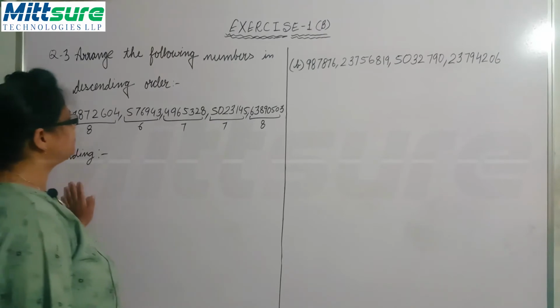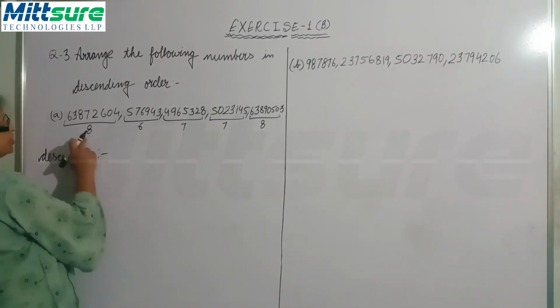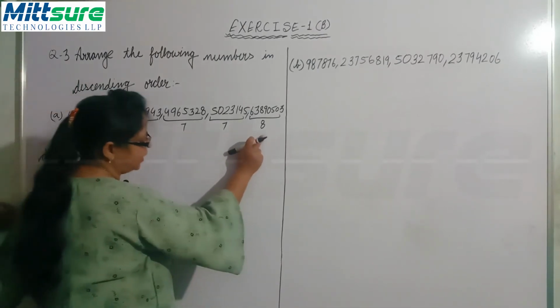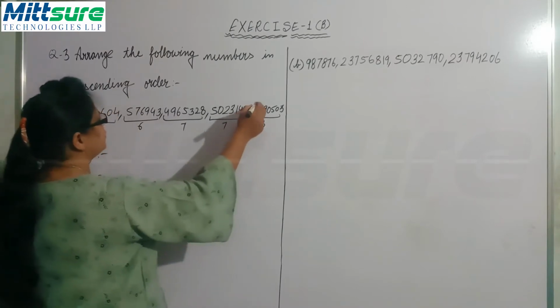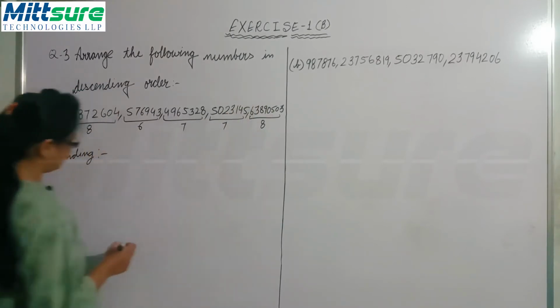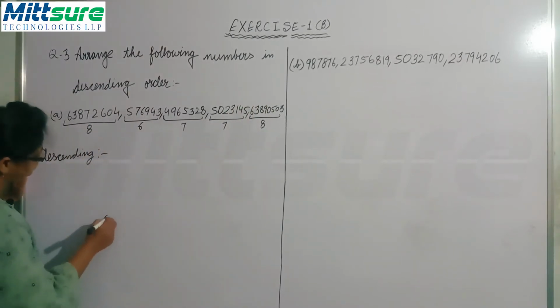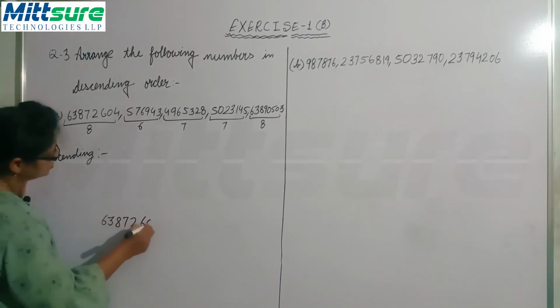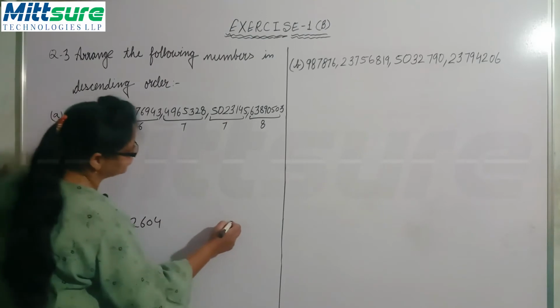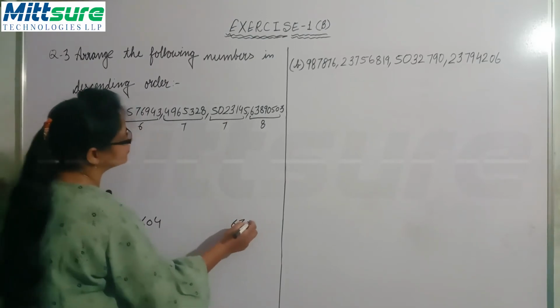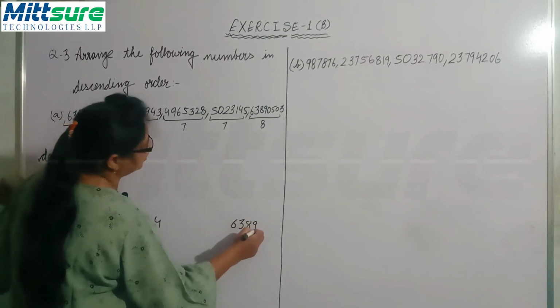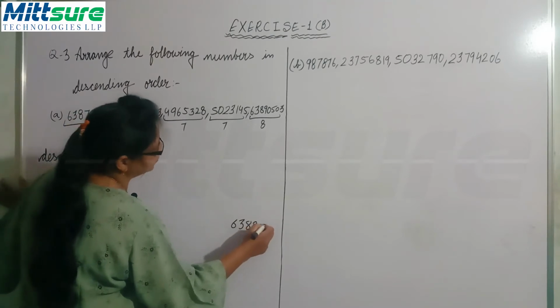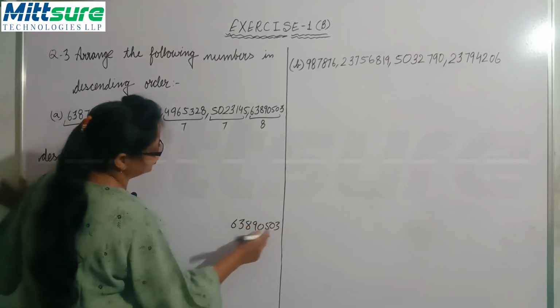The greatest numbers are the 8-digit numbers, so we compare these two. I am writing the numbers here: 63872604 and 63890,503.